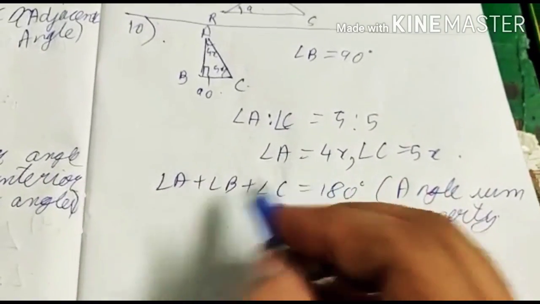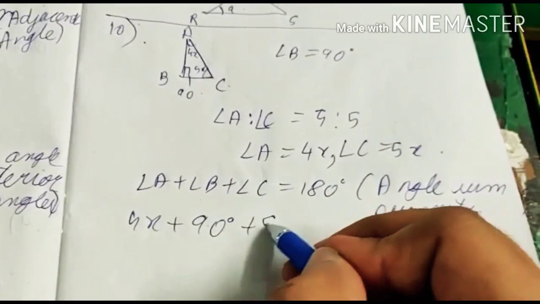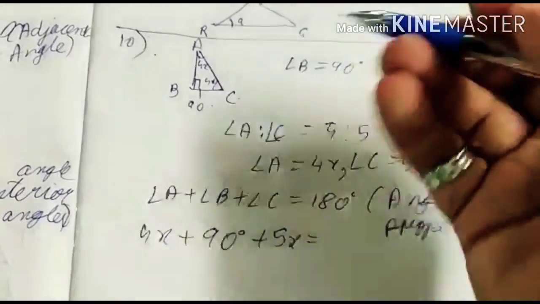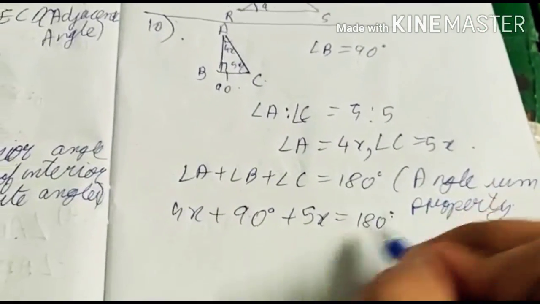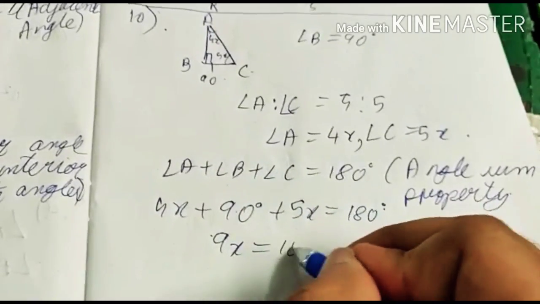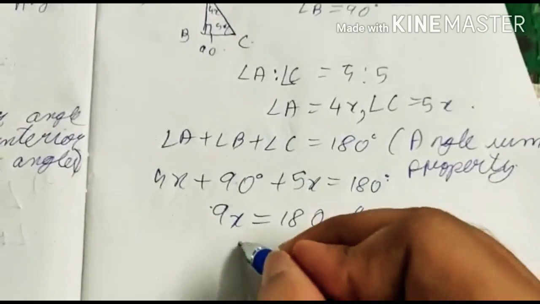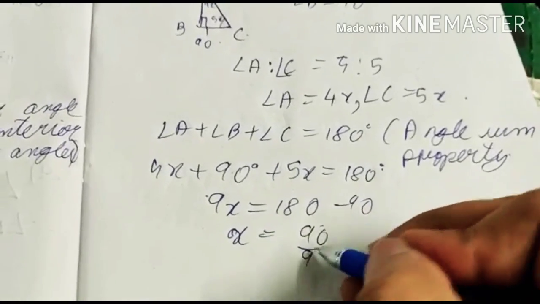So angle A here is 4x, angle B here is 90 degrees, angle C is 5x, and we need the value of angle A and angle C. So 9x equals 180 minus 90. So x equals 90 upon 9. 180 minus 90 is 90.